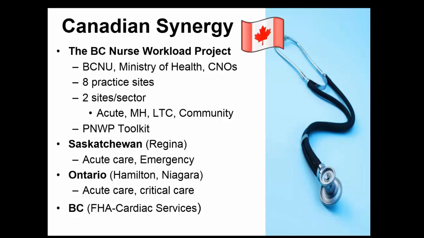And we had 8 volunteer practice sites, 2 sites per 4 sectors. So we had 2 sites in acute care, 2 in mental health, 2 in long-term care, and 2 in community public health.